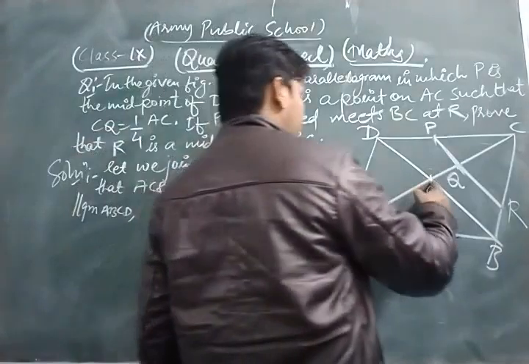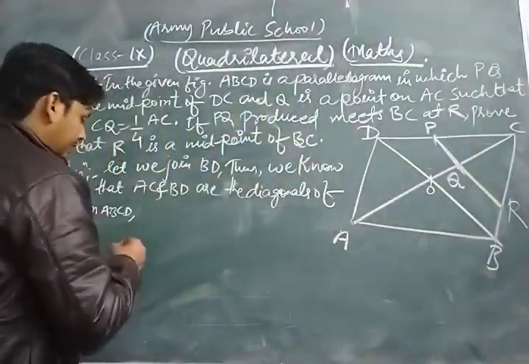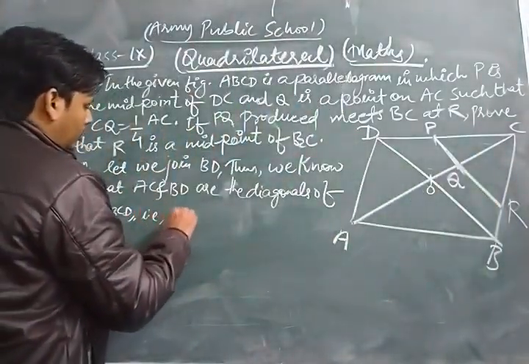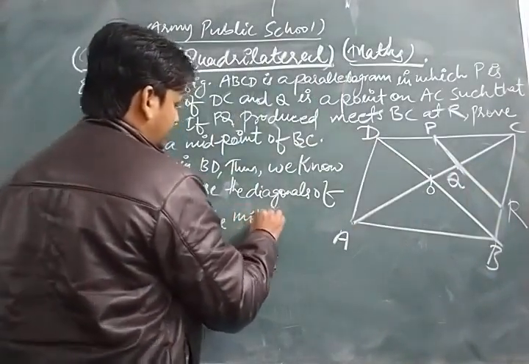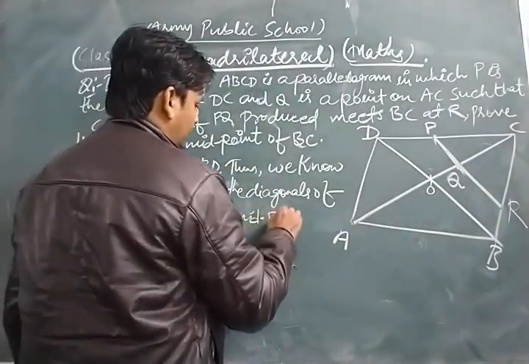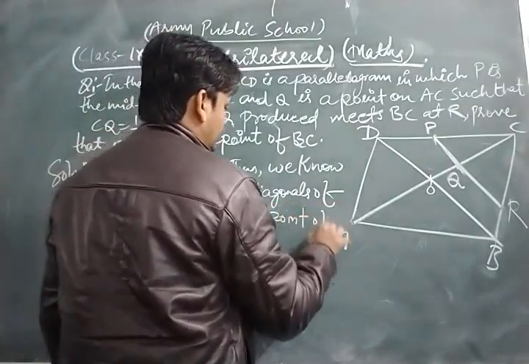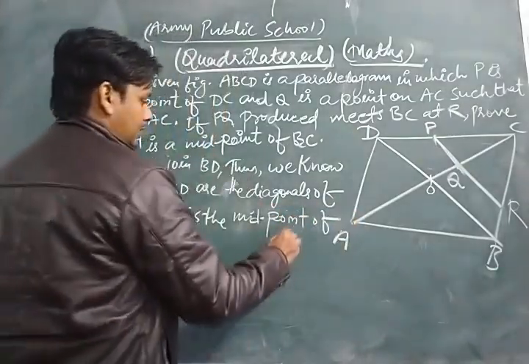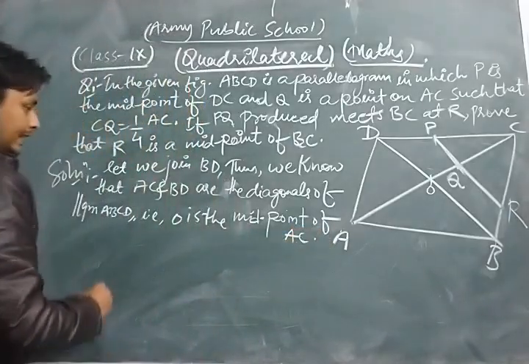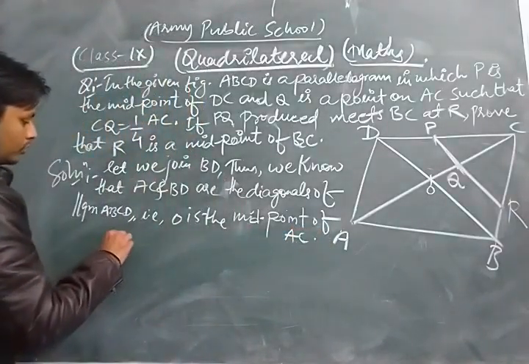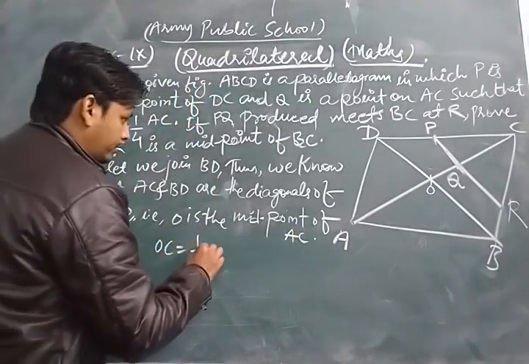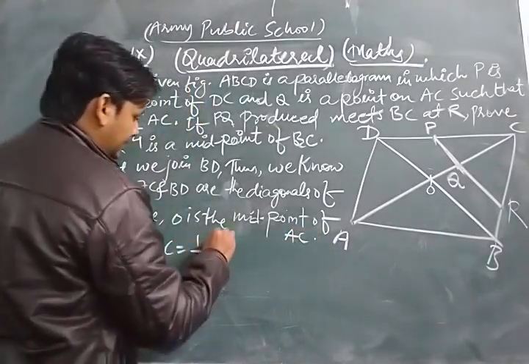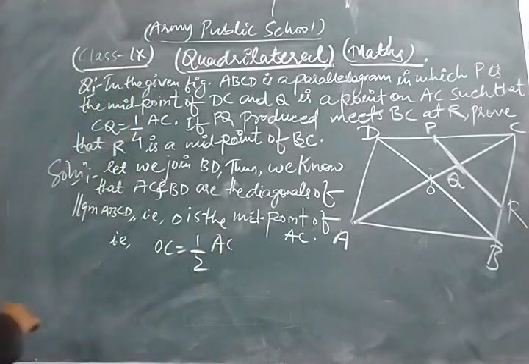So in this way, O is the midpoint of AC, that is, OC is equal to 1 by 2 of AC. Let this be equation 1.